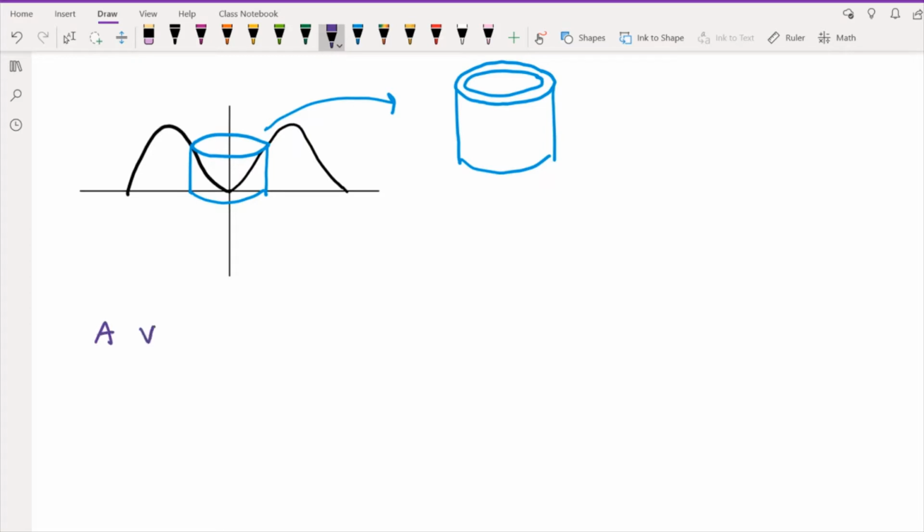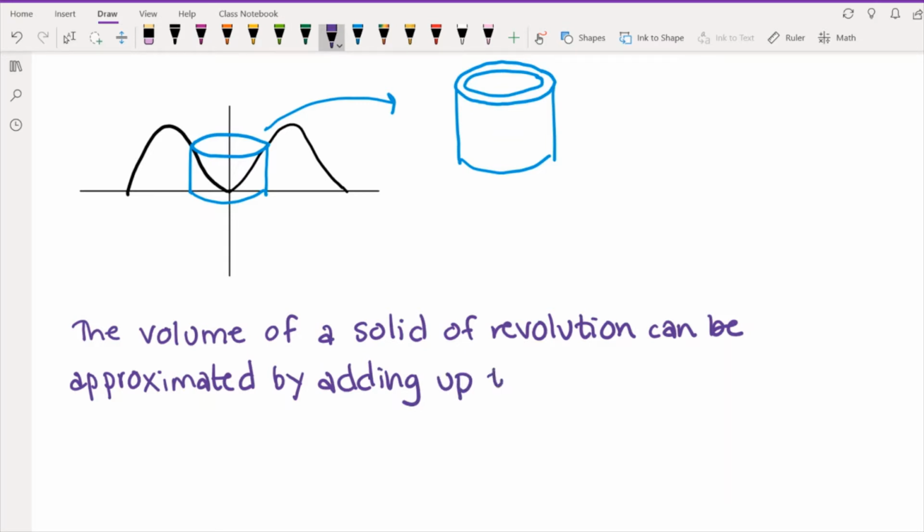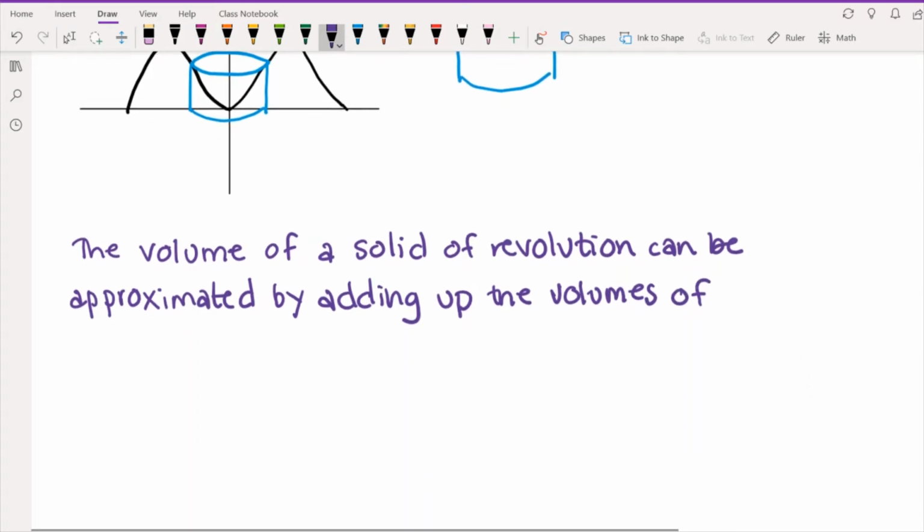So we said that the volume of a solid of revolution can be approximated by adding up the volumes of these nesting cylindrical shells.